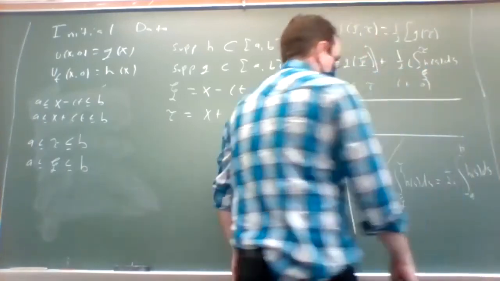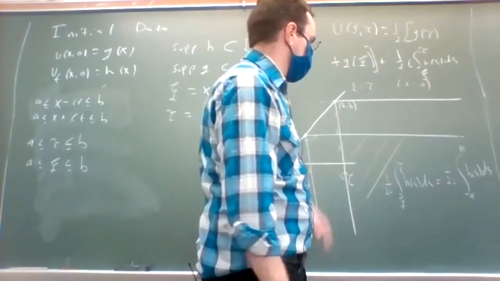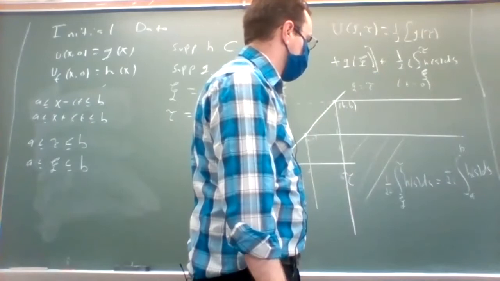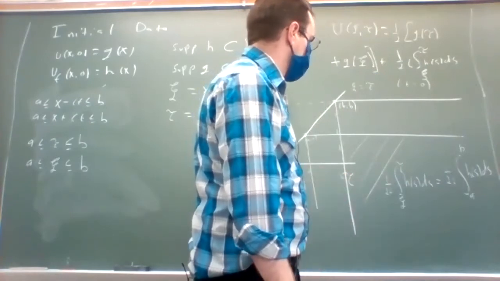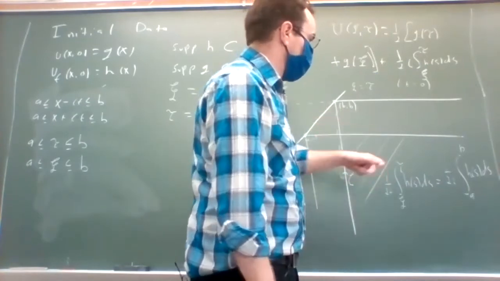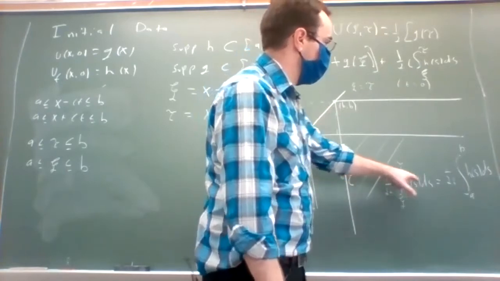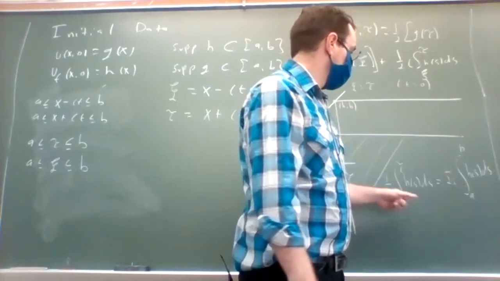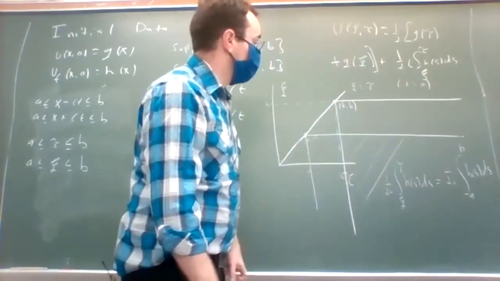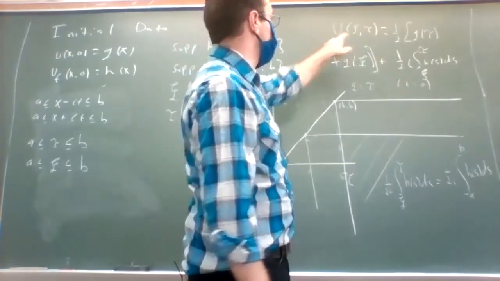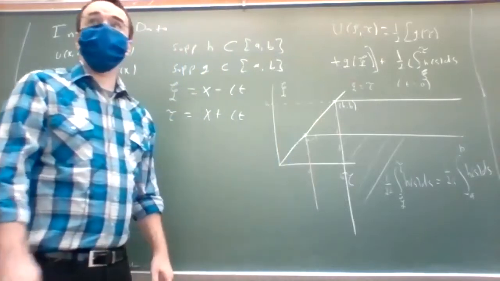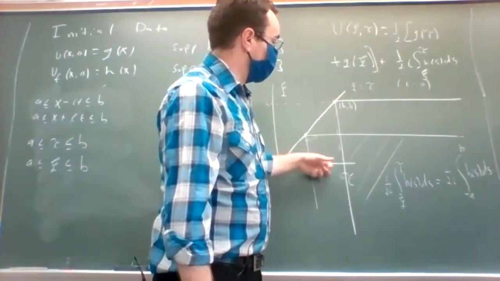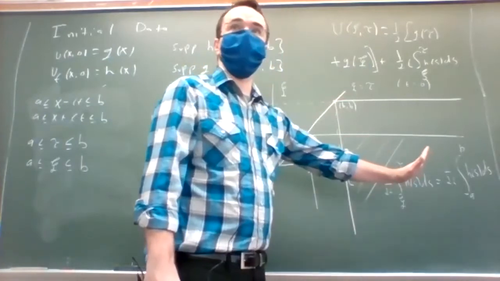And the reason for that is this is precisely the interval where tau is bigger than b, and xi is less than a. And since you know that the function is 0 outside of that interval, these two things are the same. And in particular, this means that this function is constant in that region. So you've got traveling waves, and then the function is constant in the middle.